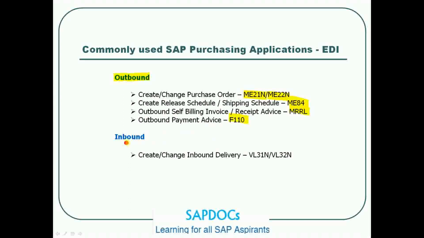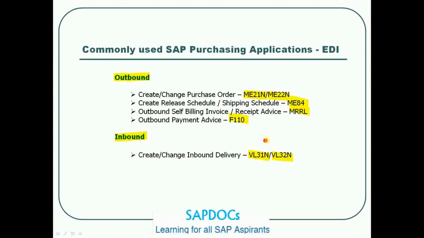On the inbound side, create and change inbound delivery, VL31N and VL32N. Please do note that for the outbound, all these transactions will be executed by the end users. For the inbound, they will be executed by the IDOC interface.